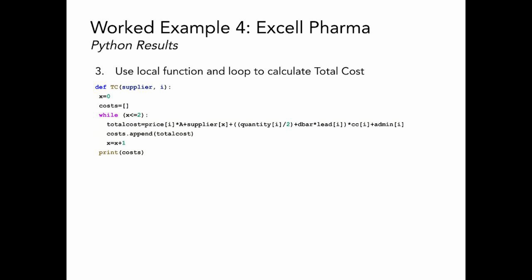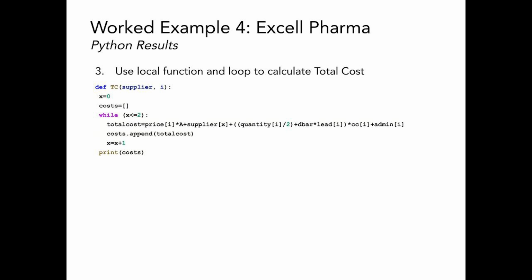We begin by importing essential libraries, NumPy for mathematical operations and matplotlib for potential data visualization. The next step involves defining our key variables: the annual demand, A, the number of business days per year, B, and the average daily demand, D, calculated by dividing A by B.